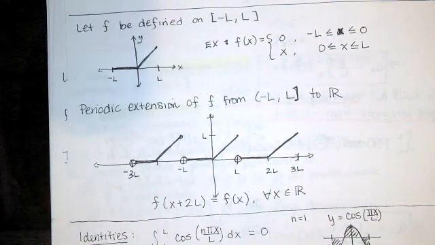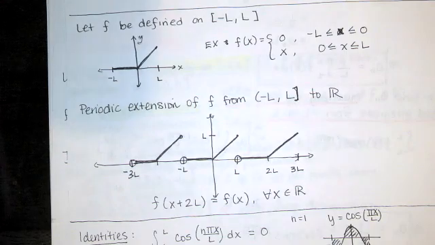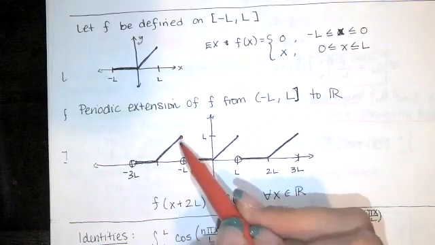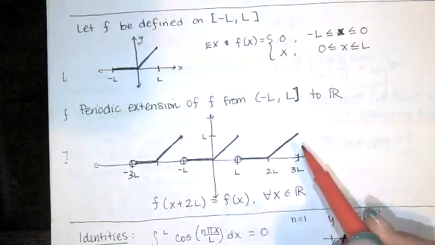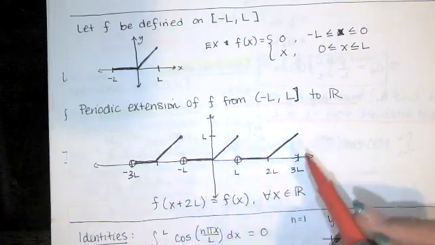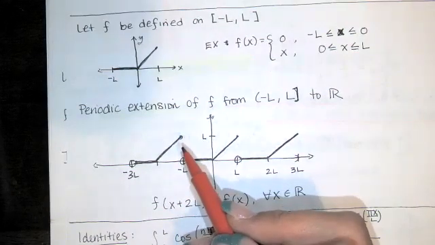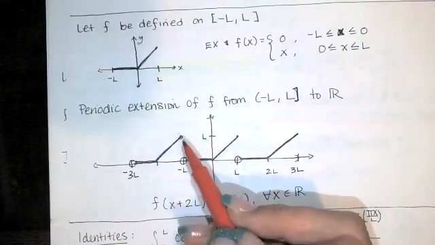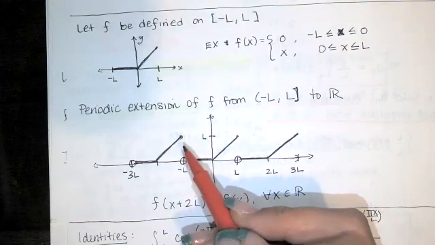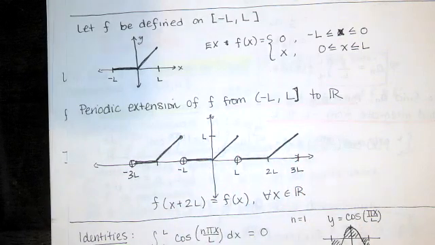If I want to know what the series would converge to, it would converge to pretty much exactly the same function, but here at -L and 3L and 5L, and all of those odd multiples of L where we have that jump discontinuity, the series would converge to the average of these two y values. The limit here is 0, the limit there is L. So the series would converge to half of L there, and half of L there, and half of L there.